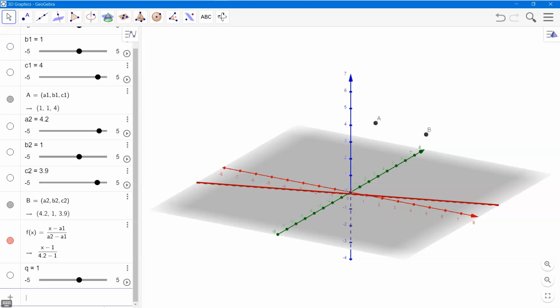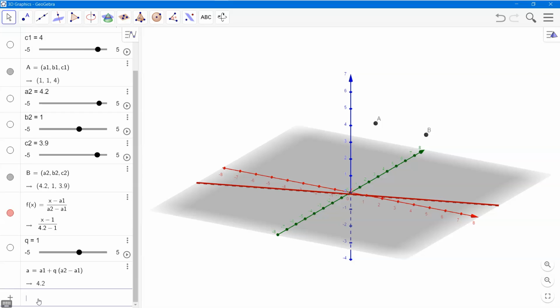Now I'll say a is equal to a1 plus q times a2 minus a1.